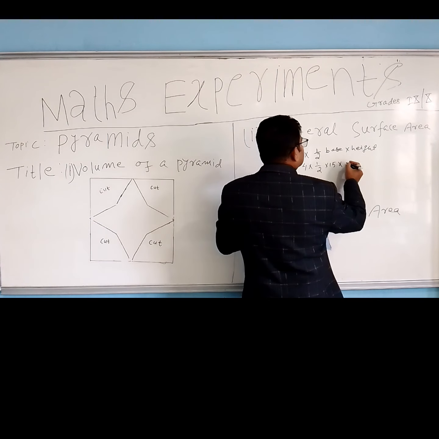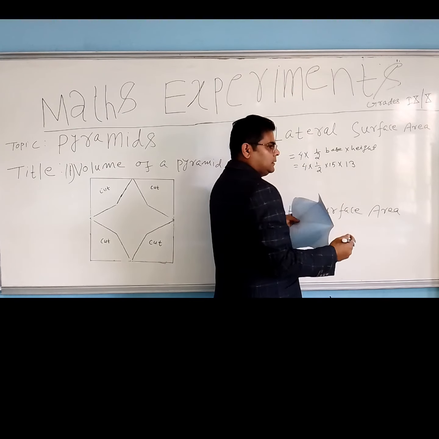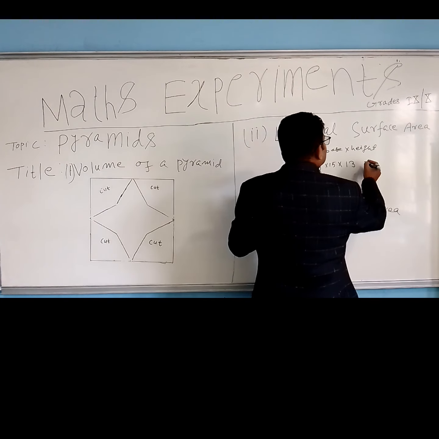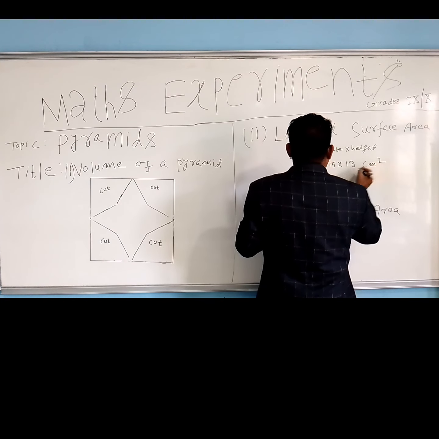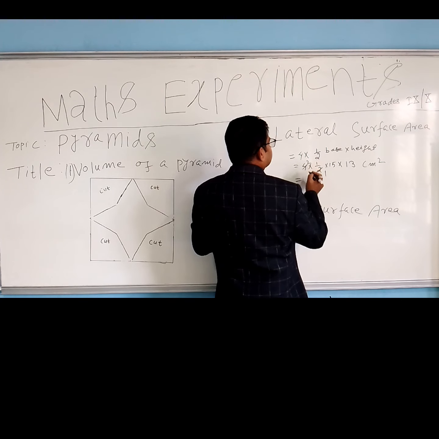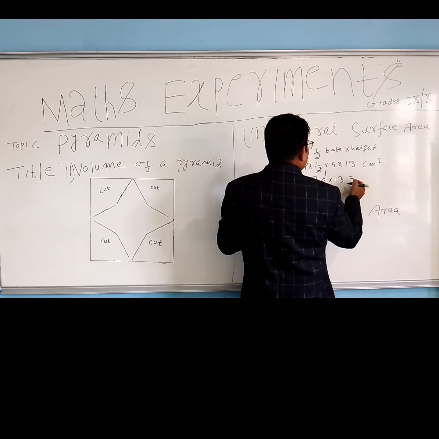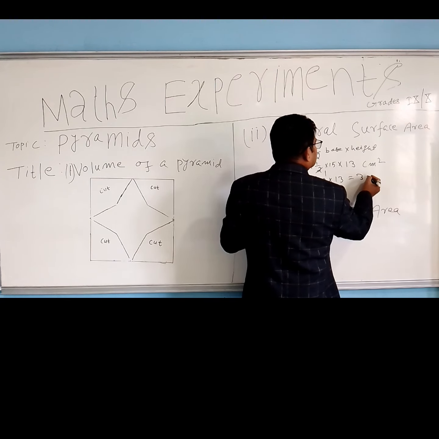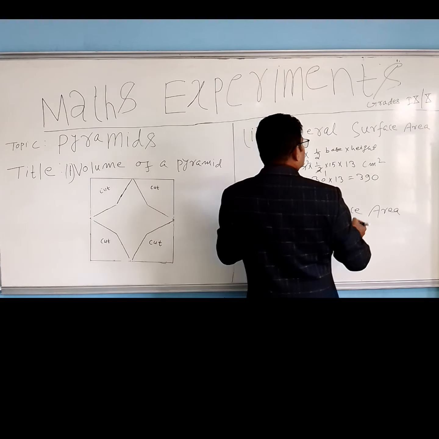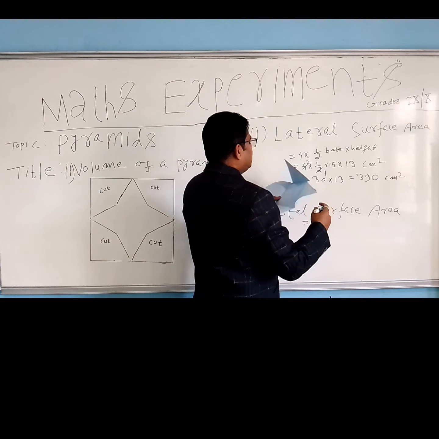So times 13, and the units, I have taken the lengths in centimeters, so the area is in square centimeters. Now after you calculate, this value is going to be 2 times 15 is 30, and then 30 times 13 equals 390. So you have here 390 square centimeter as the lateral surface area.